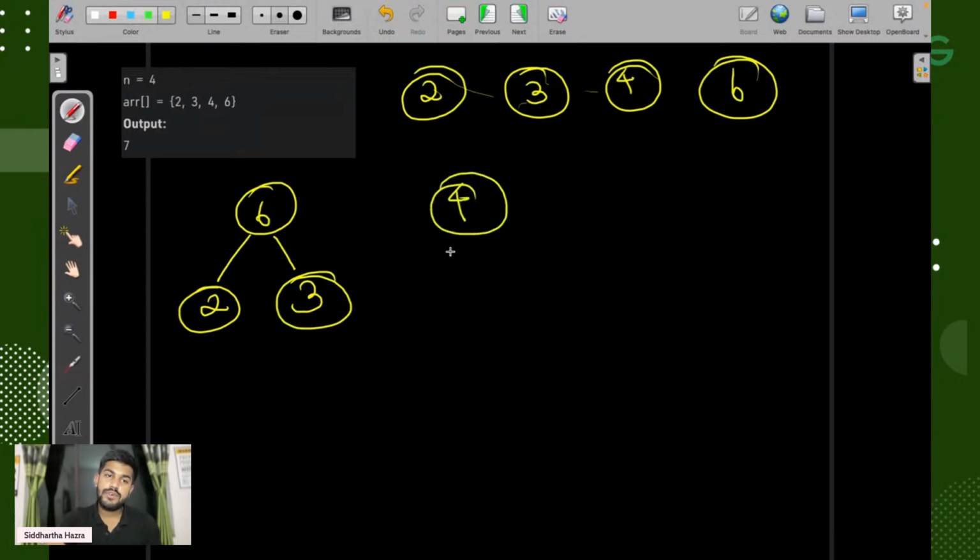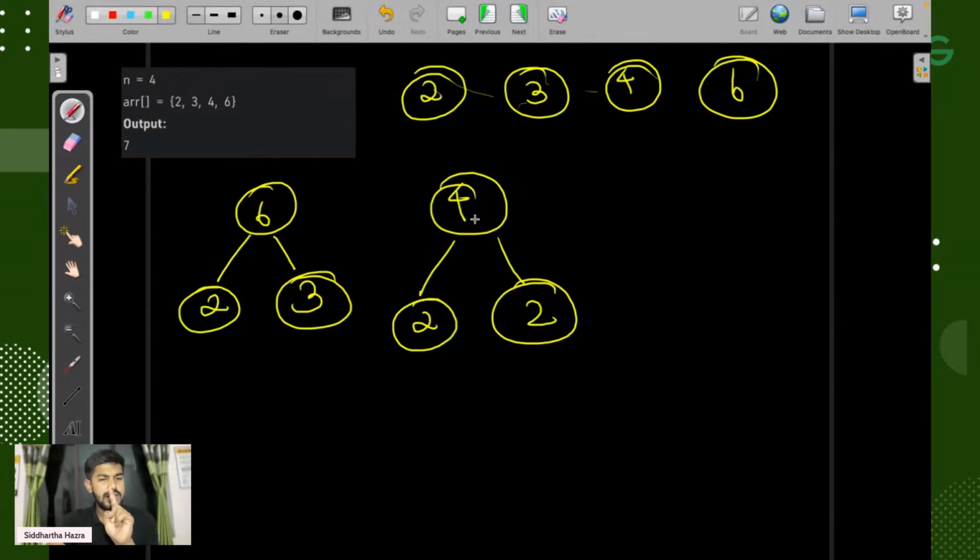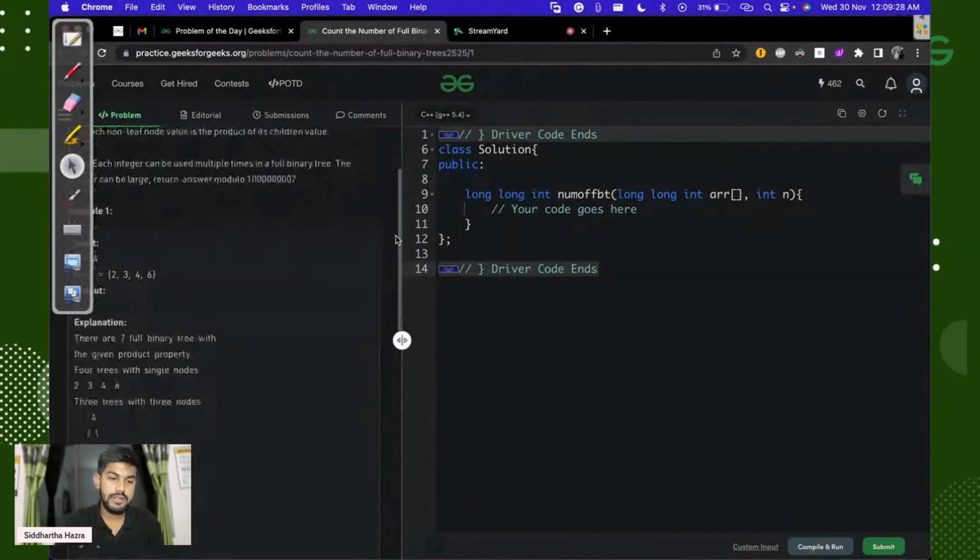Then the next can be 4, and this can be 2, and we can use 2 again. So 1, 2, 3, 4, 5, and 6. So 6 can be built by 2 and 3, 4 can be built by 2, 2. Nothing else. I think we are switching the digits in 6, so 3 and 2 would be there.